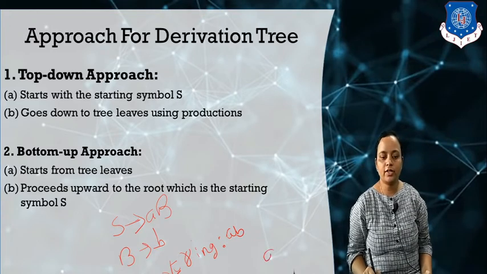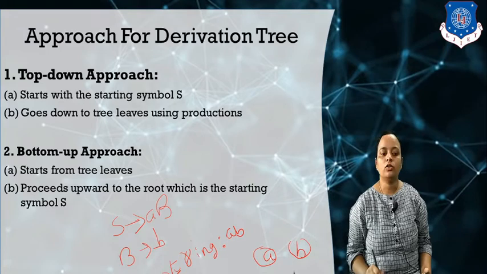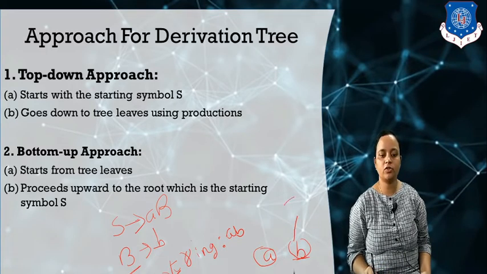Now how do we start the generation? Start from the leaf nodes, 1, 2. Now use the productions. For small b, is there any right hand side of a production containing it? Yes, so we can reduce it. Small b is reduced by capital B.